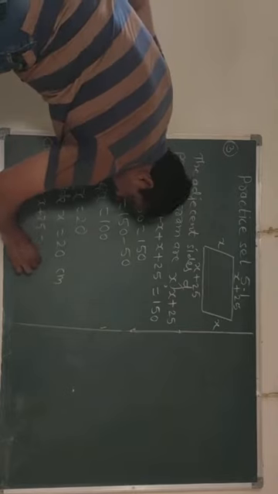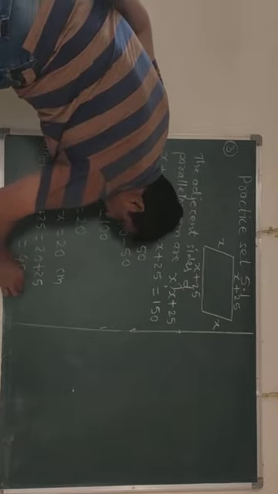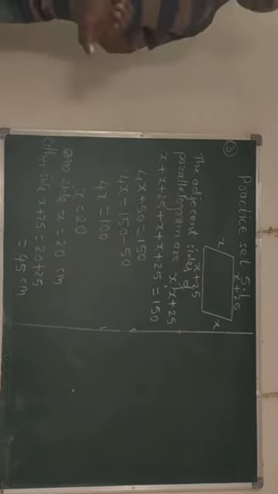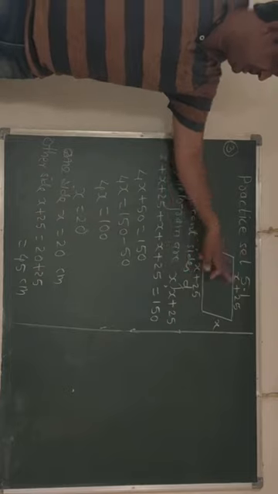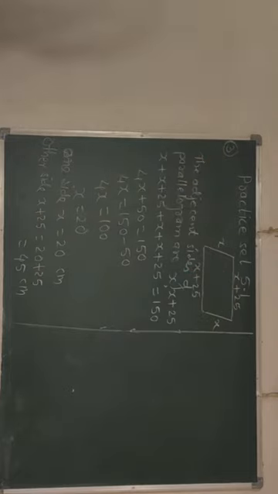So here 20 plus 25, that is 45 centimeter. So in this way, we got the measurement of all the sides of the parallelogram. Here again we use the logic, opposite sides equal. Now next question.